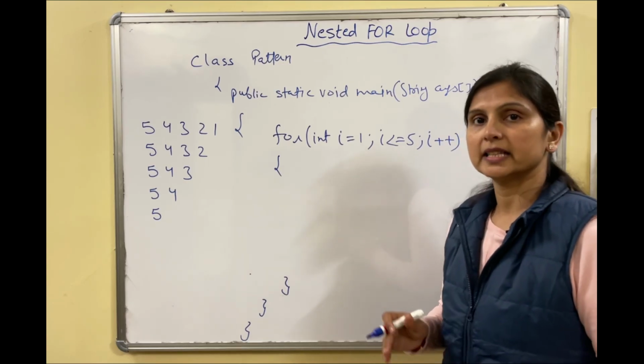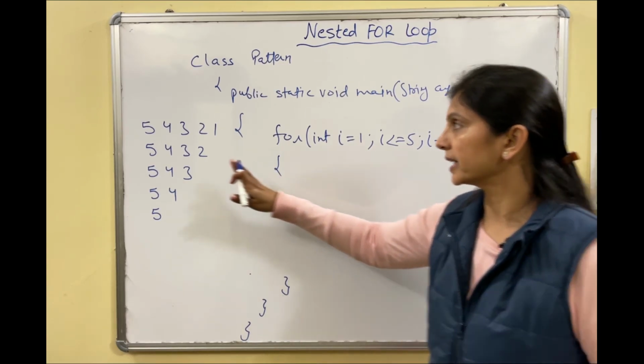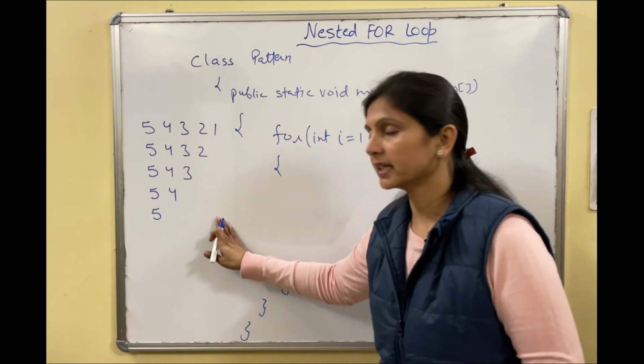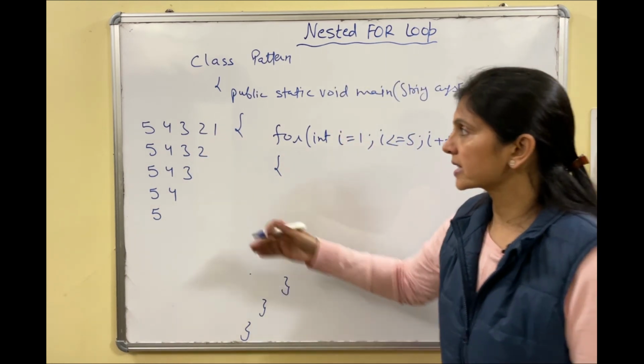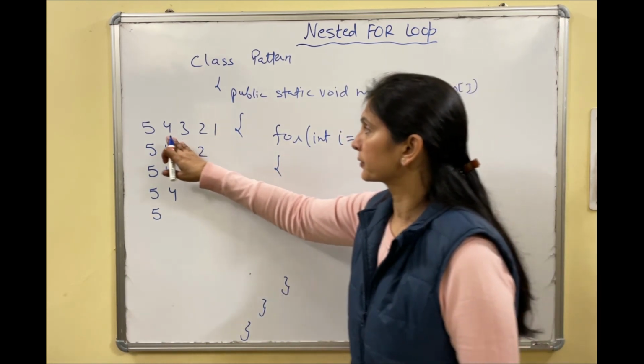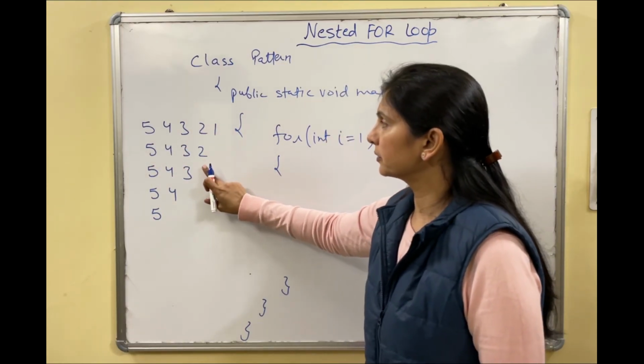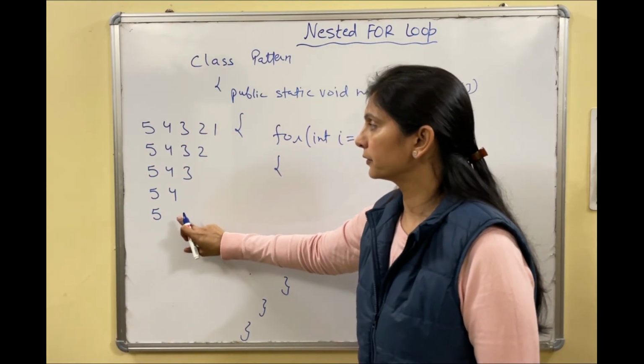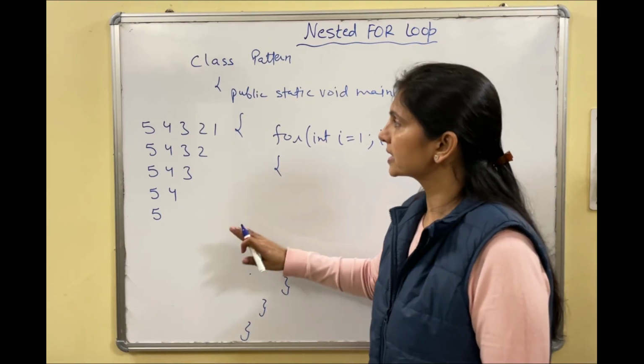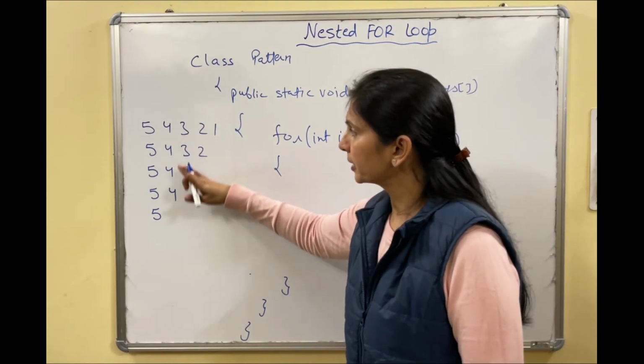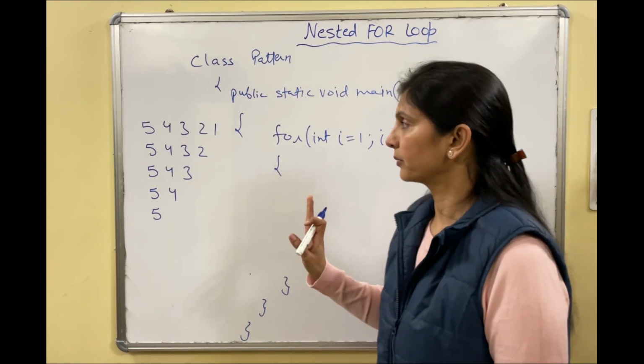Now we will see the last program of this video, and that is to display this pattern. As you can see the pattern, first 5 4 3 2 1, 5 4 3 2, 5 4 3, 5 4 and 5. If you see this pattern, again how many rows are there? 5 rows are there, right?